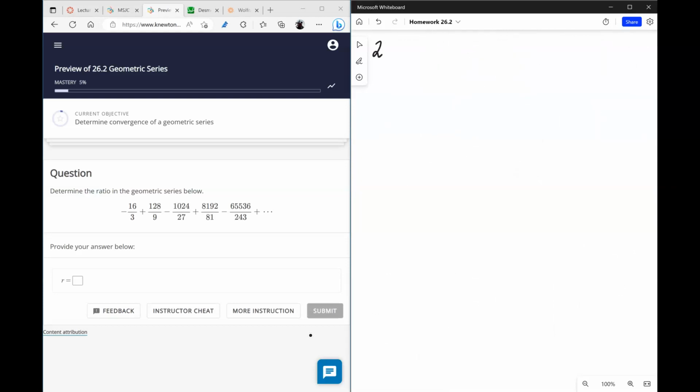Not sure why. Here we have some geometric series, and again, to find the common ratio, you can take your b2 and divide it by b1, or you can take your b3 and divide it by b2, or you can take your b100 and divide it by b99. It just doesn't matter. That's what makes it a geometric series. So let's take b2 and divide it by b1.